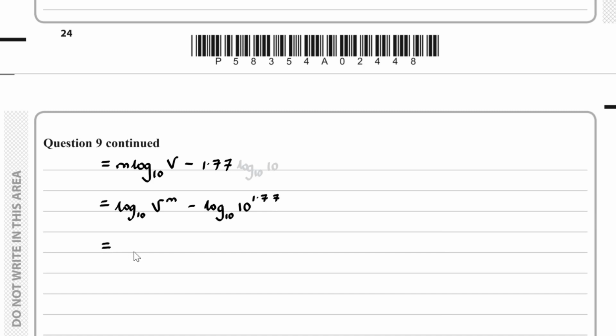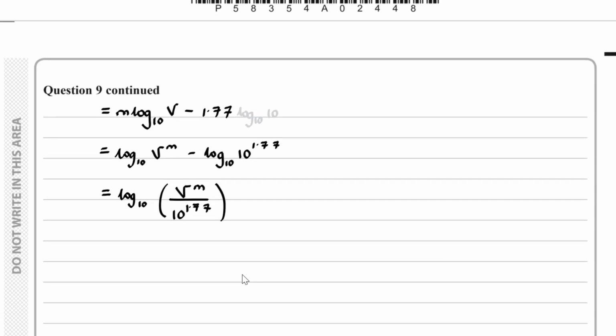So when we come to combine these logs using the subtraction law of logs, we have log base 10 of v to the power of m over 10 to the power of 1.77. Okay? And therefore, anti-logging both sides, you can hopefully see d, that's equal to v to the power of m over 10 to the power of 1.77.